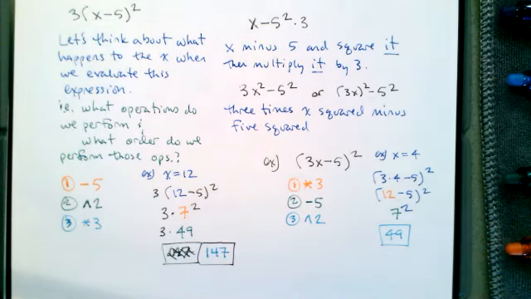Exponents before multiplication unless parentheses. Multiplication before addition unless parentheses. And this before stuff is transitive. So exponents before addition unless parentheses. Fits together better. And it treats you like a thinking human being that's trying to understand something rather than a robot who's just trying to crank out numbers.